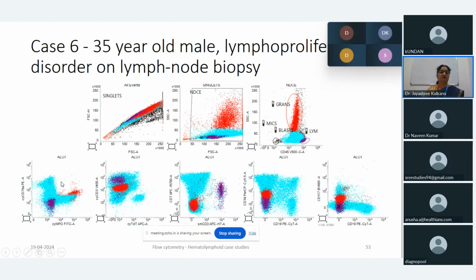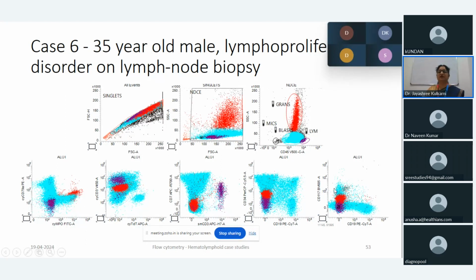But when we come to our A-lot, by the way, A-lot is acute leukemia orientation tube. So this is our first tube where we put in only our lineage markers and immaturity markers. Immaturity markers are CD34 and TdT, whereas our lineage markers are MPO and 117 for myeloid, 19 and 79A for your B markers, cyto-CD3 and surface CD3 for your T markers, 7 also for your T markers.